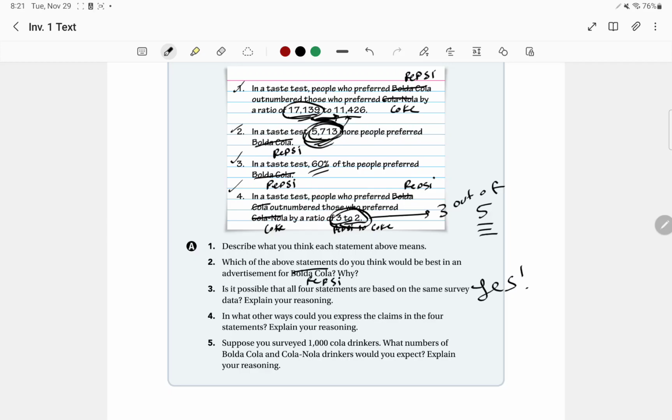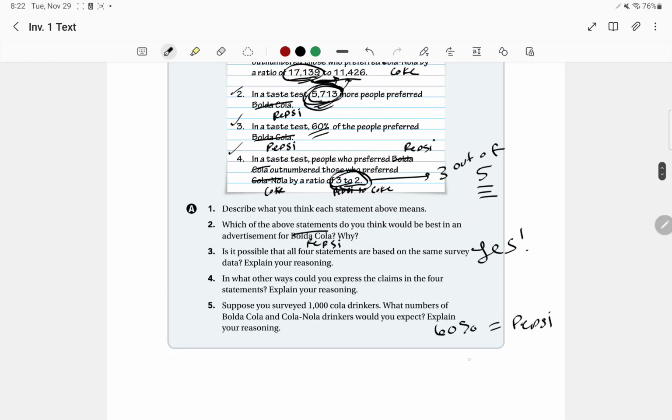Number 5, suppose you surveyed 1,000 cola drinkers. What numbers of Pepsi and Coke drinkers would you expect? So on number 5, we would have to set up more of a ratio. So for example, 60%, I guess you wouldn't even have to do a ratio.